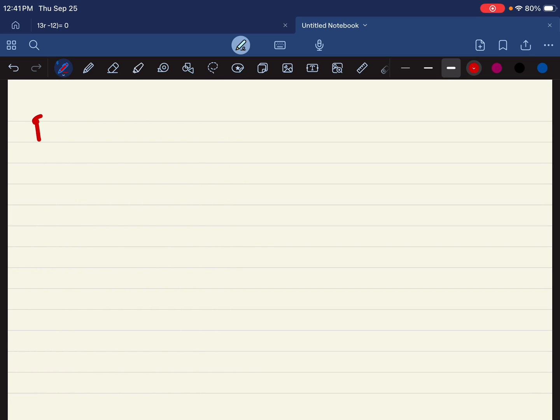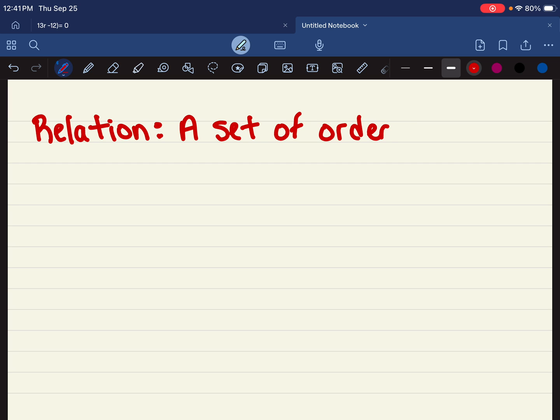So first, we need to know what a relation is. A relation is just a set of ordered pairs. Now, we all know what an ordered pair is. Agree? Somebody tell me what's an ordered pair.